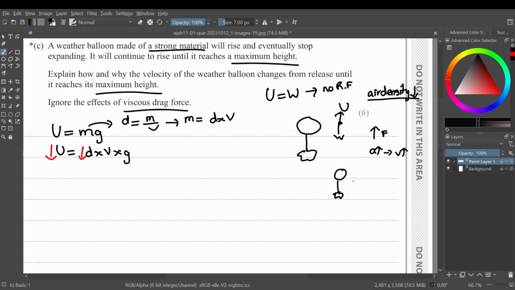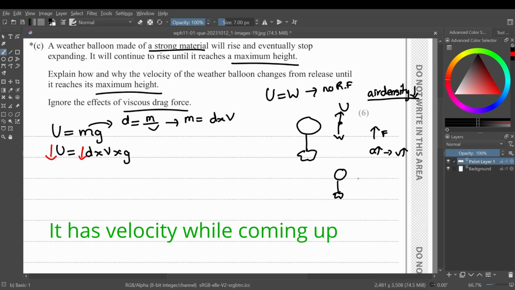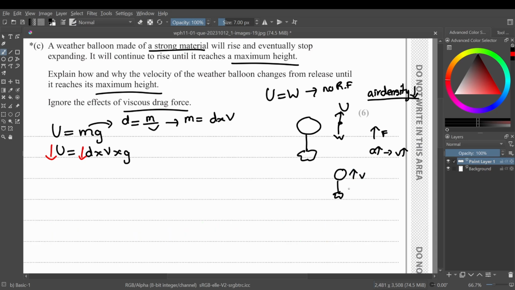It will still go a little bit more up because of inertia, because it has velocity as it was coming from below. So it will go a little bit more up, which will cause the air density to change, which will cause more or less upthrust.